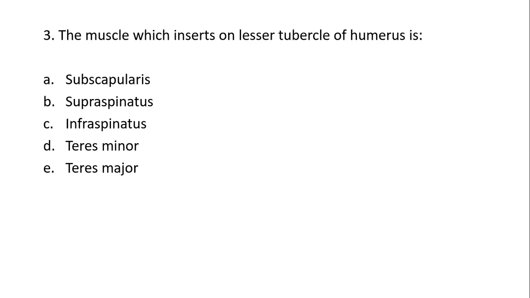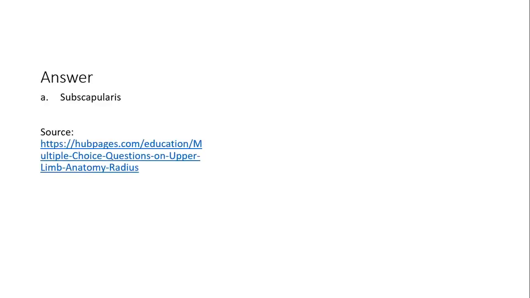And they get attached on the lesser and the greater tuberosities. So we know that only one muscle is going to get attached on the lesser tubercle. So the correct option is subscapularis. Rest of the three muscles, supraspinatus, infraspinatus, and teres minor, they get attached over the three impressions located on the greater tubercle of the humerus.